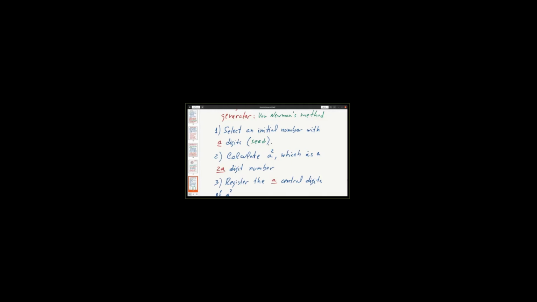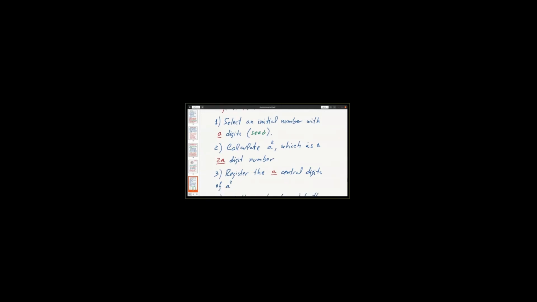So you select an initial number, the seed, with A digits, say 8, and calculate its square, which will give you a number with 2A digits. If you multiply A by A, you have 2A digits. You register the A central digits, and this is your random number.